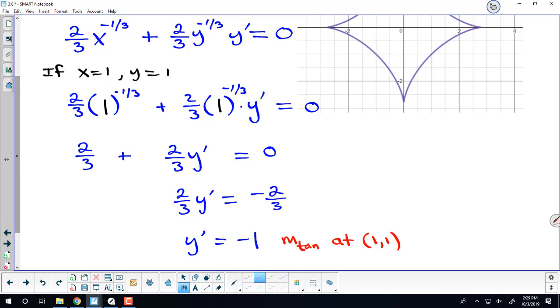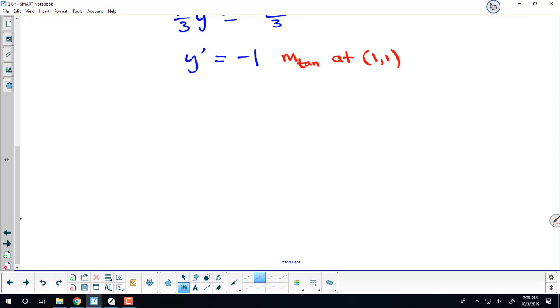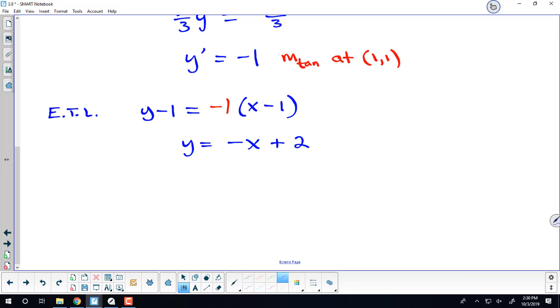Okay, so we've got a slope of negative 1, then the equation of the tangent line at (1, 1): y minus the y coordinate equals the slope of the tangent line times x minus the x coordinate. We have y equals negative x, we have 1, 2.